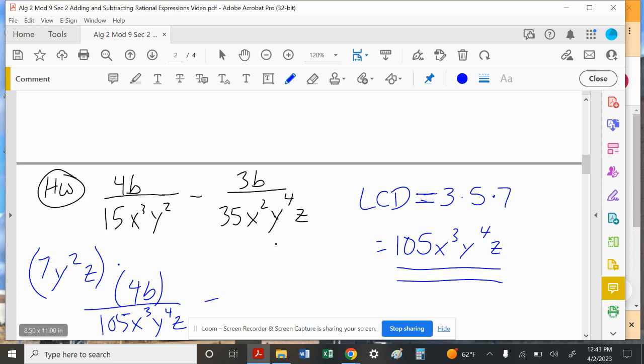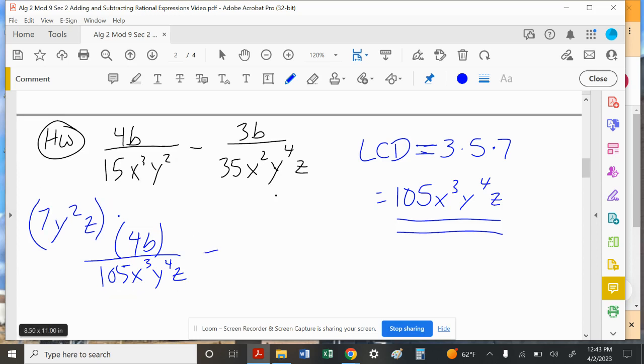And then I'm going to subtract, and now I have my 3b, and we have to figure out what's missing from here. What's missing from there is a 3. So notice here, 5 times 7 is 35, so it's missing a 3 here. This is missing 1 x. It's not missing any y's, and it's not missing any z's.